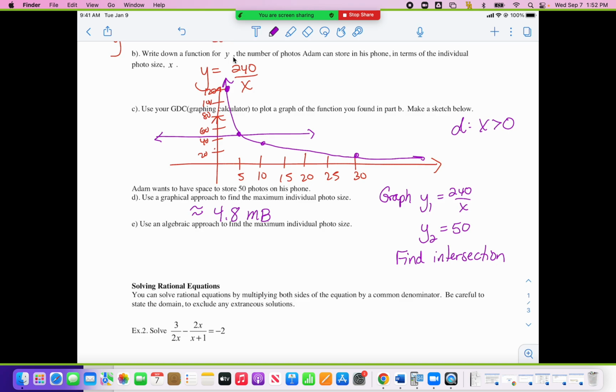Then algebraically, you would take 50 equals 240 over x.